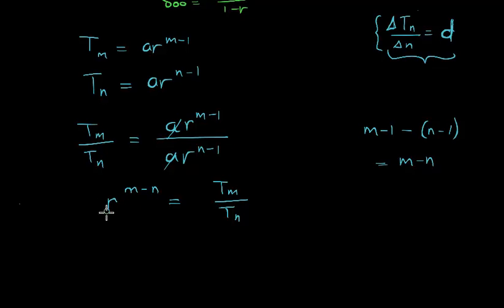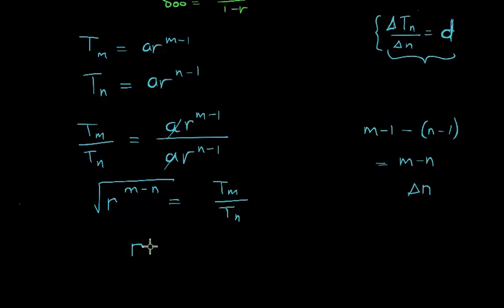And now how would I get R on its own? You get logs if you want to get the exponent on its own, but here we can take a root. Let's call this m minus n the change in the term numbers.